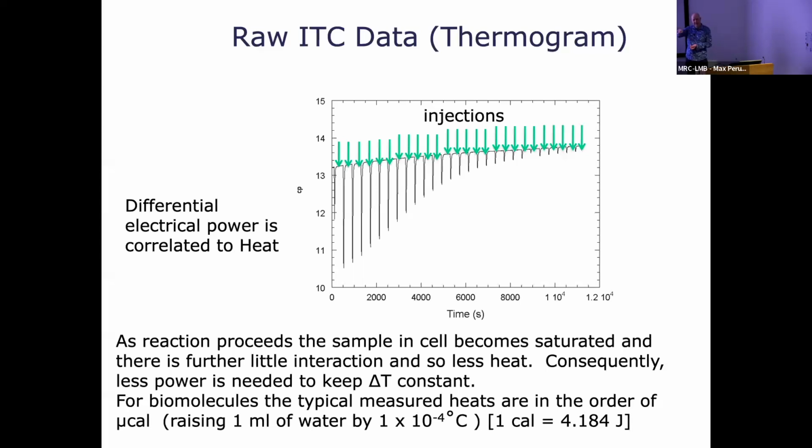Typically, a microcalorie in these experiments is raising 1 ml of water by 1 times 10 to the minus 4 degrees. So it's tiny. So all the experiments we're going to be talking about are called microcalorimetry, and not large-scale calorimetry where you put a gerbil into an icebox.